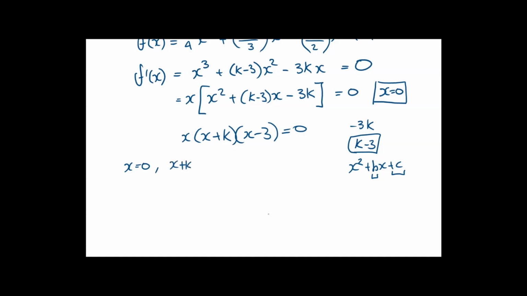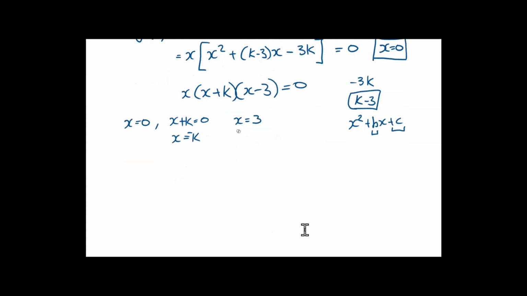x plus k equals 0 is one of our solutions, so x equals, sorry, minus k, and bring the k over, and x equals 3 is one of our solutions.